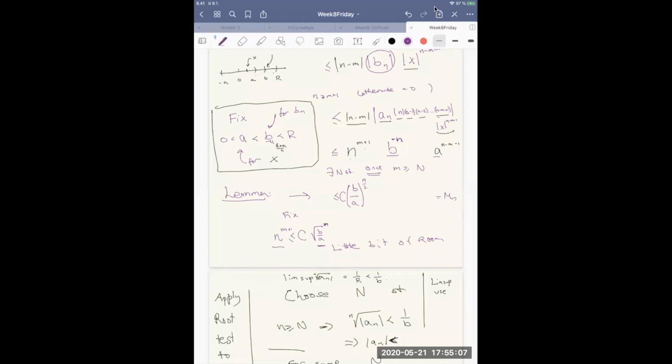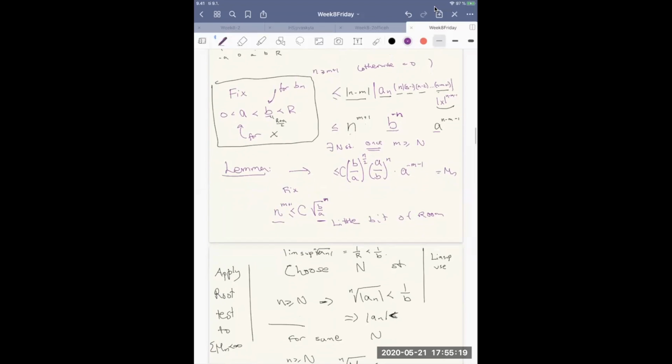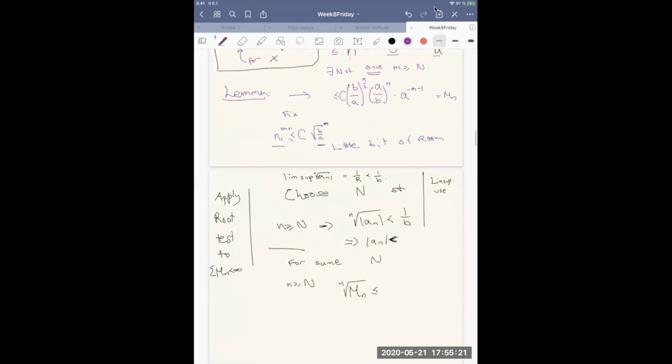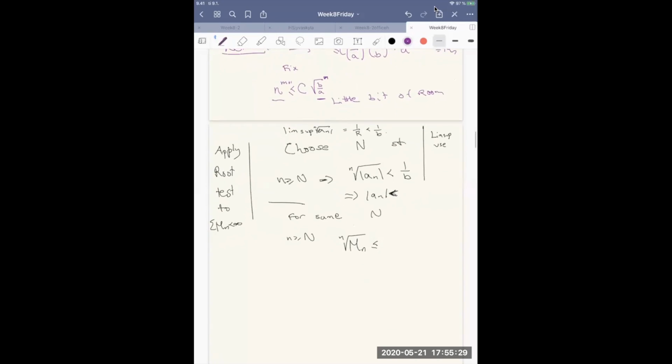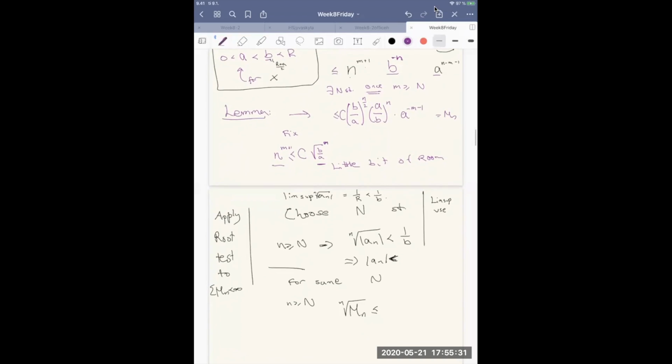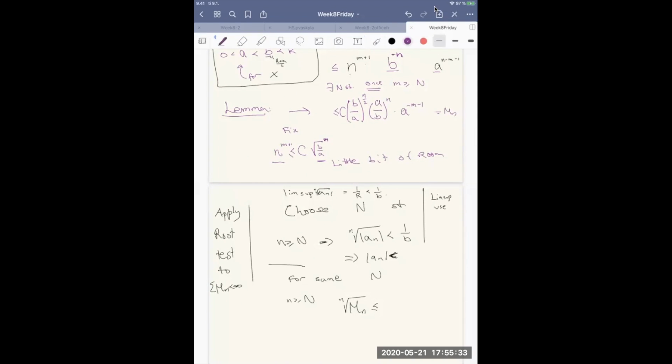And then we're left with a over b to the n times a to the n minus m minus 1. And here is exactly where we get this bound. I'll skip that for now. You can fill in the details here to get that. But okay, so we get Mn.